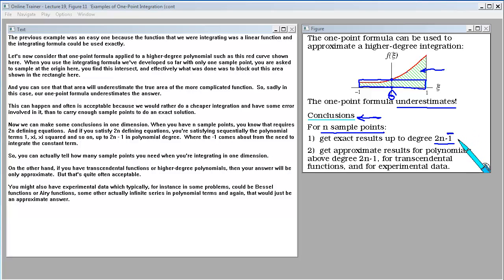So you can actually tell how many sample points you need when you're integrating in one dimension. On the other hand, if you have transcendental functions or higher degree polynomials, then your answer will be only approximate, but that's quite often acceptable. You might also have experimental data which typically, for instance, in some problems could be Bessel functions or Airy functions, some other actually infinite series in polynomial terms, and again, that would just be an approximate answer.